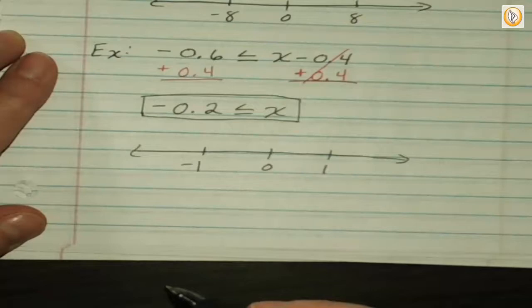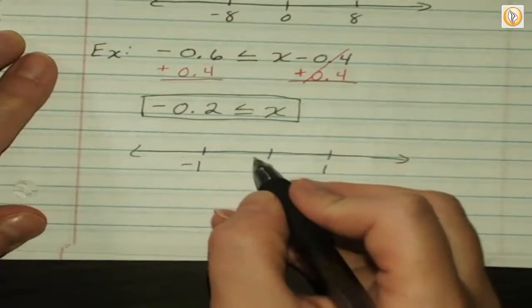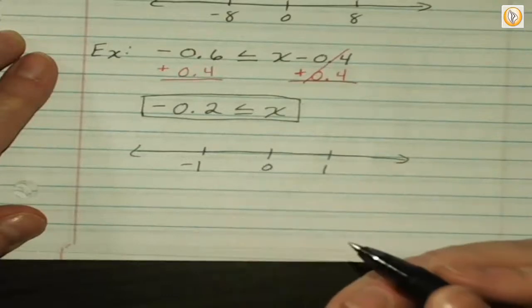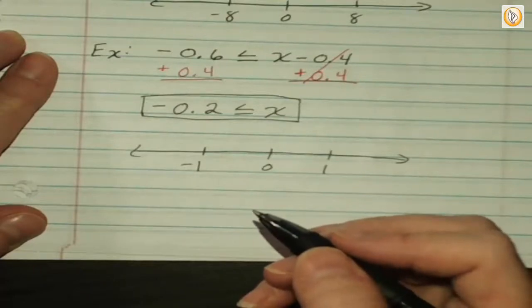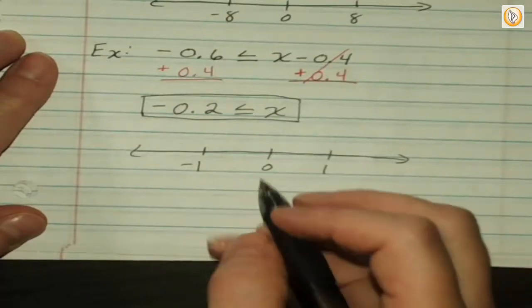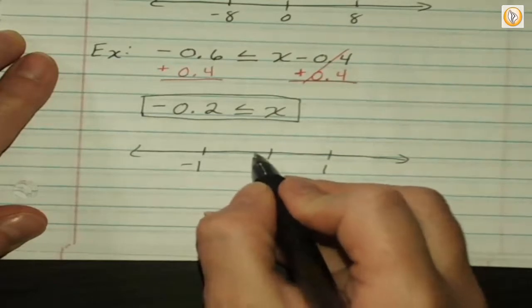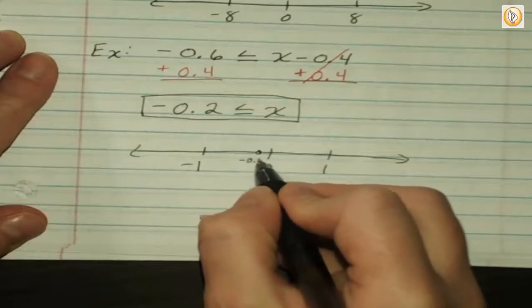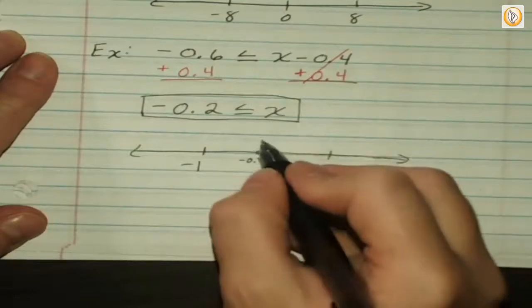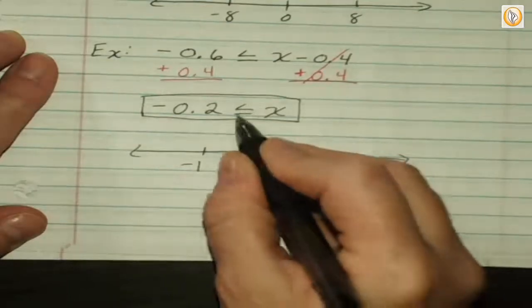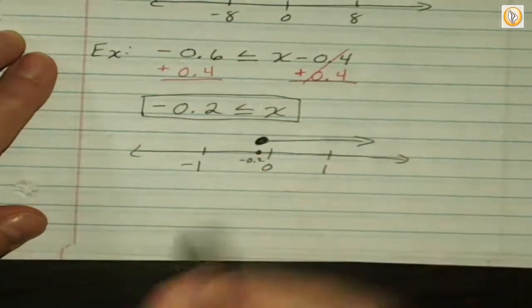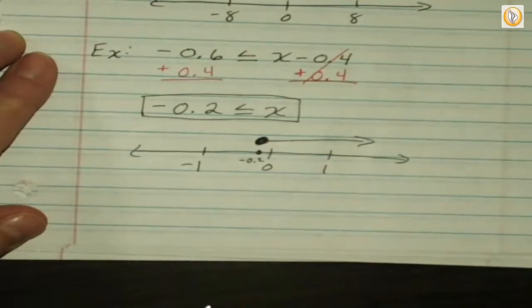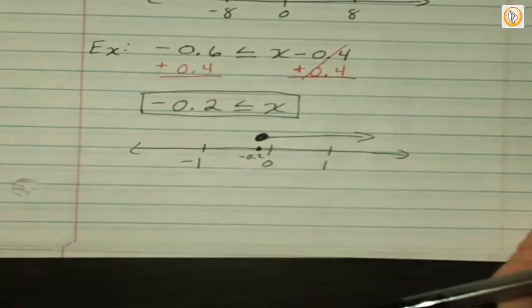And which direction? Very good. Just because it's not showing up on my screen, it would go right here. Something like that. And it's a closed circle because it's also equal to, and it goes this direction. Very good. Okay, you can sit down. Good job. Alright. Any questions?